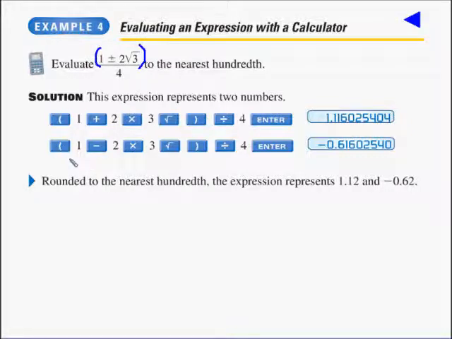So we would say parentheses 1, and this time it's plus or minus, so we use the minus, minus 2 times the square root of 3, put our parentheses in there and divide by 4. And this is the answer to the expression if we were talking about it as a negative number.